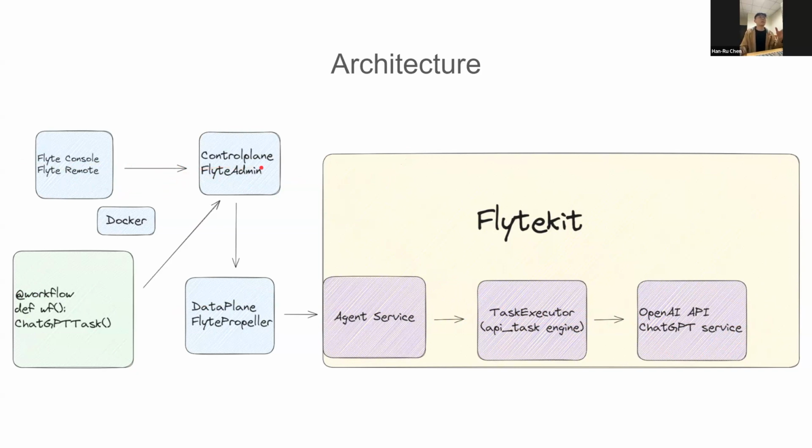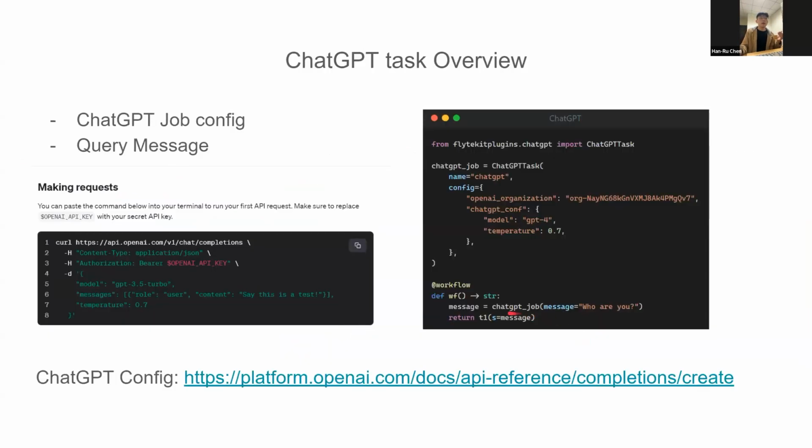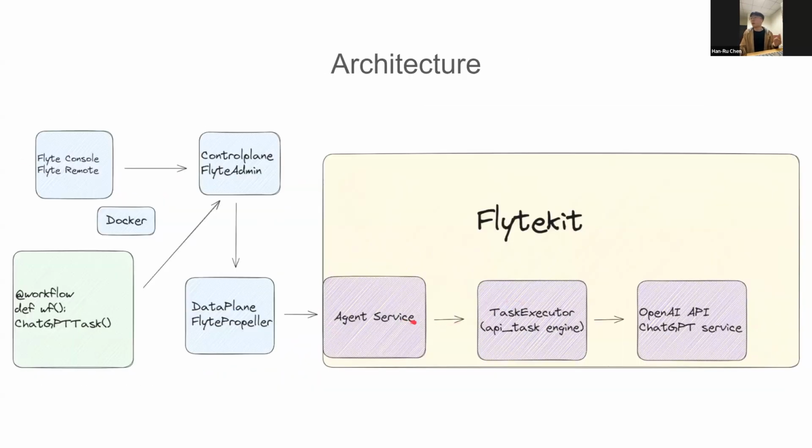After you trigger the code, Flyte Admin will tell Flyte Propeller to execute the workflow. When running the ChatGPT job, Flyte Propeller will communicate with the agent gRPC server, which is written in Flytekit, in Python, and the agent gRPC server will communicate with the ChatGPT service. So this is the core architecture.